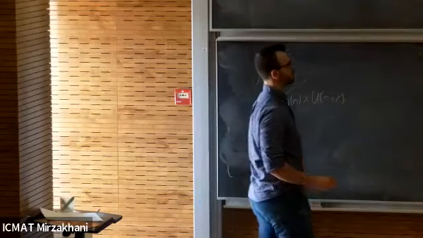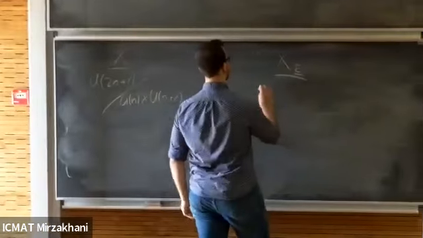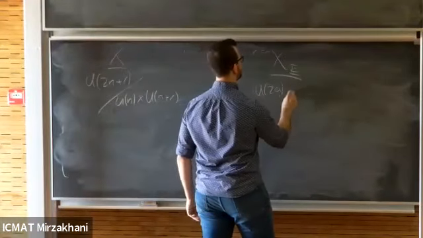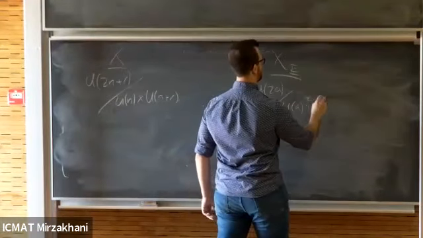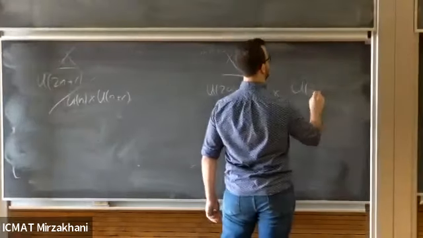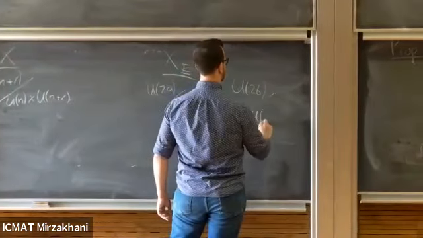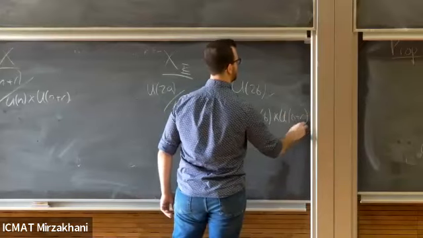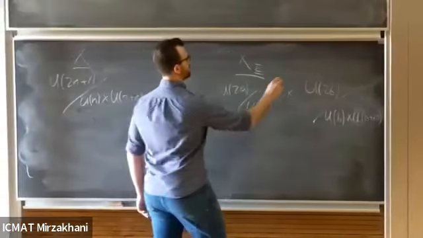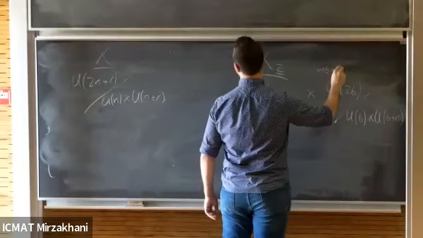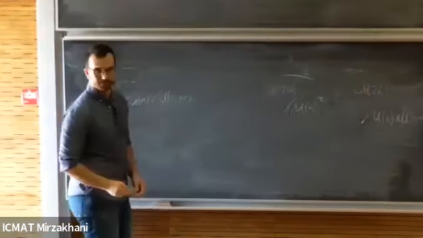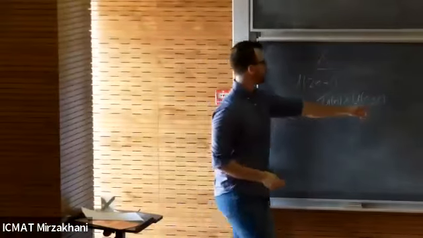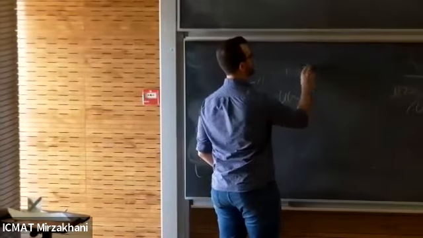This corresponds to a non-quasi-split group. So this will be something of the form U2A. You'll have a quasi-split part, non-quasi-split part, where A and B add to N. R is bigger than 1. R here is greater than or equal to 0.